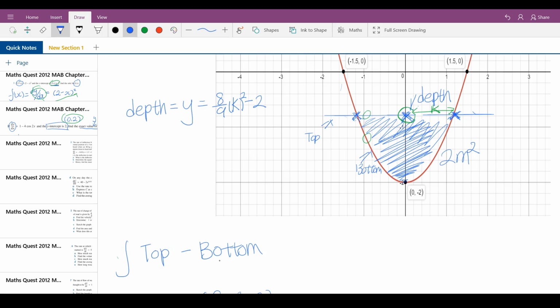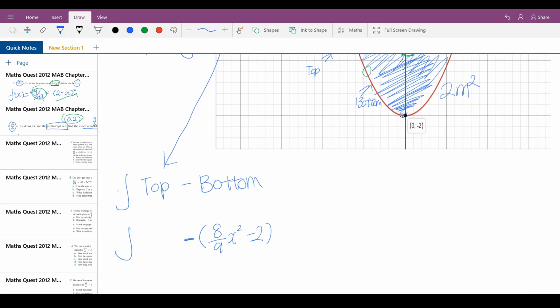So we get that the depth is equal to y and is also equal to 8 over 9 bracket k squared minus 2. Since we got that, we can put this one into the top, right? Because that's the same thing. So we get 8 over 9 k squared minus 2.